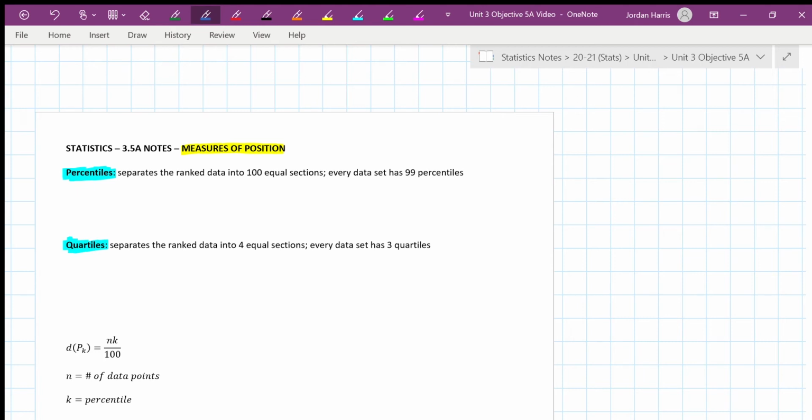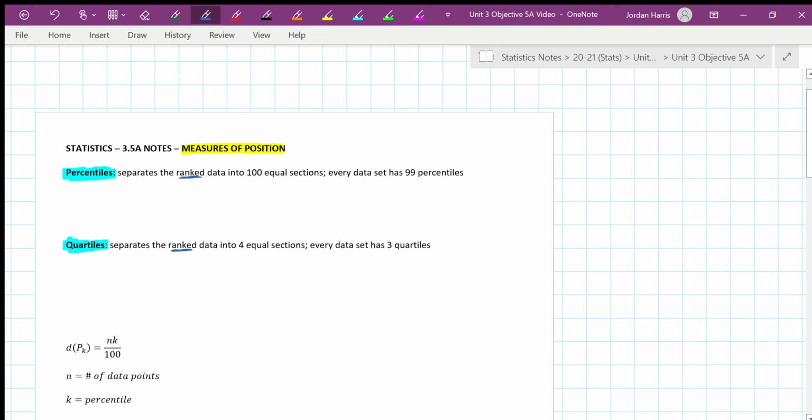When we have a percentile, it separates the ranked data. Okay, so make sure you realize that for both quartiles and percentiles, we're talking about ranked. It's got to go low to high. Okay, and it's separated into 100 equal sections, and every data set has 99 percentiles.